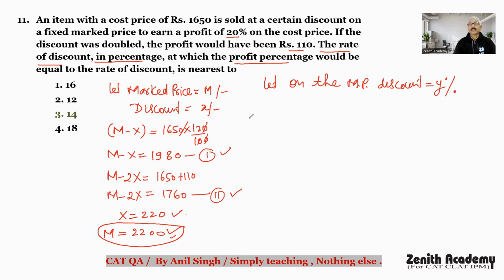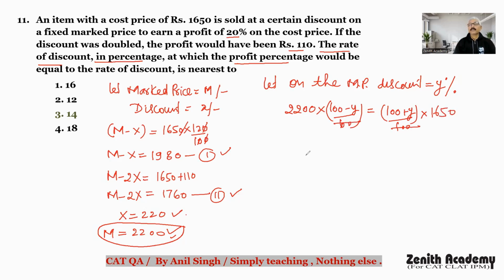So we can take this like when I'm offering a Y% discount on 2200, the selling price is 2200 times (100 minus Y) by 100. And this is equal to (100 plus Y)% profit on the cost price 1650.